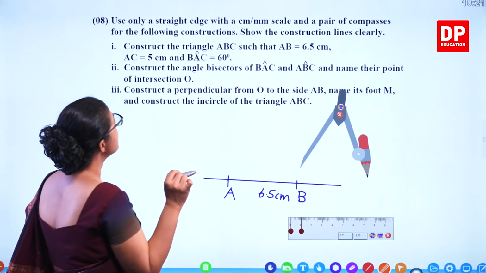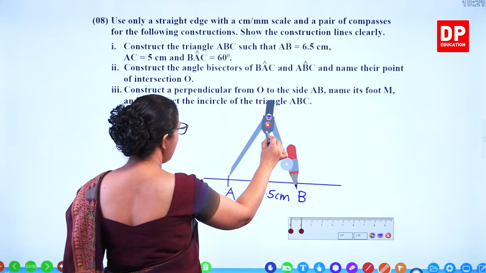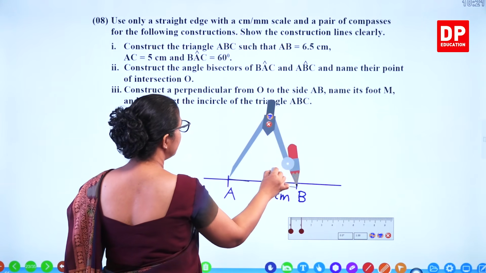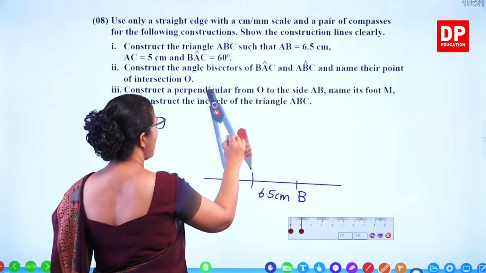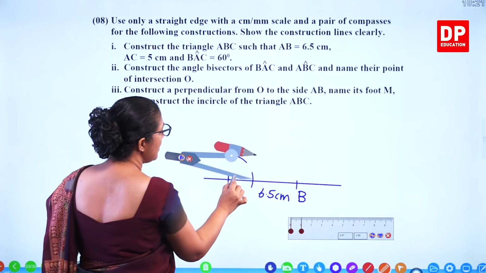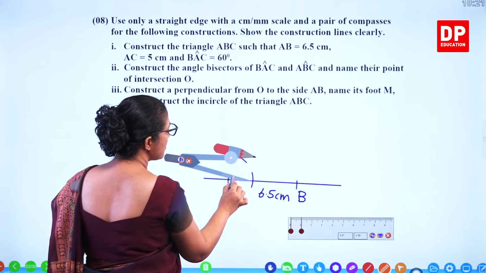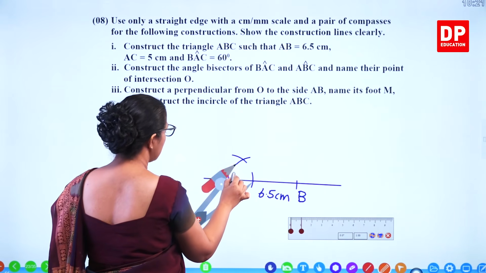And angle A. Angle A is 60 degrees. So you can take any length. Draw an arc here and an arc in the middle. And here you can keep the compass on top of this point and draw the other arc.